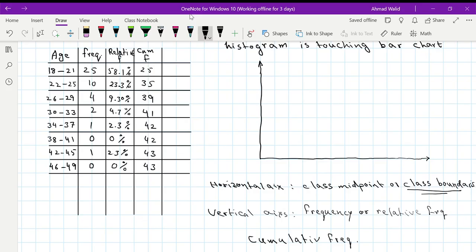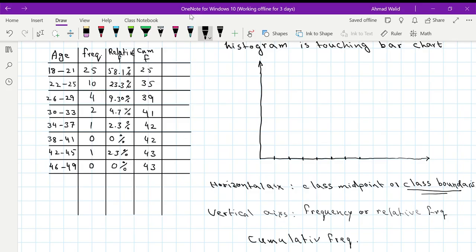You see, as you see on the left side, I have 8 classes, 18 to 21, 22 to 25, 26 to 29, up to 46 to 49, 8 classes. What you do, you divide your horizontal axis to 8 classes, but please, they should be equally divided.